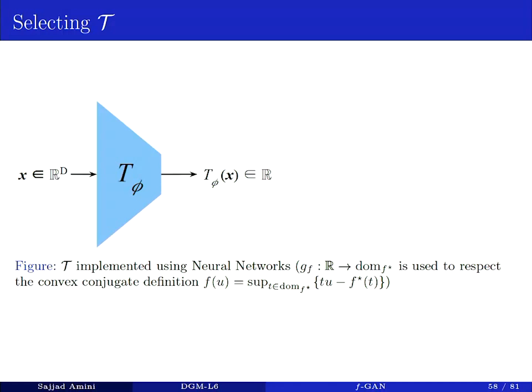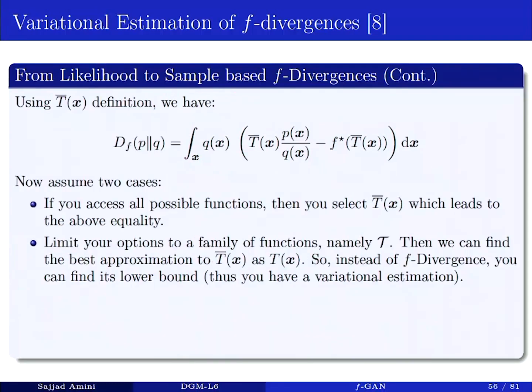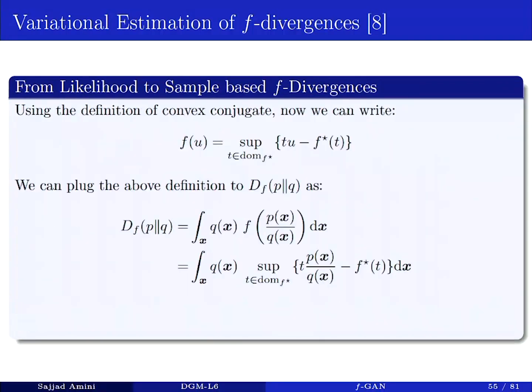So can this be considered as our family? Is it enough that the output of our function t is a real number? What is the output of t? What was T intended to do? It wants to maximize this supremum, yes?